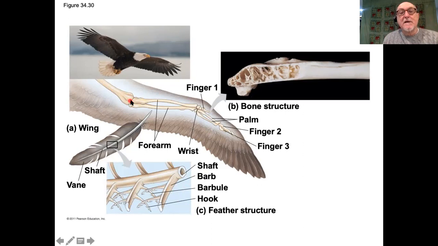Here is the humerus, here is the radius and the ulna, and these are the wrist bones here. That's the equivalent of that. And then the digits have all been highly modified. This is the thumb there.